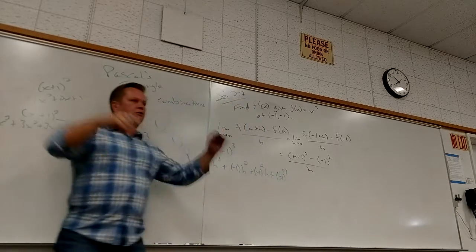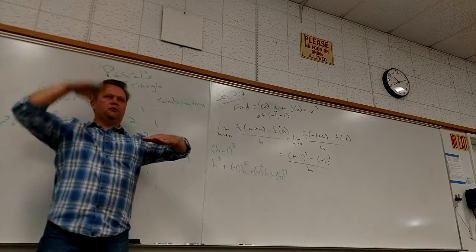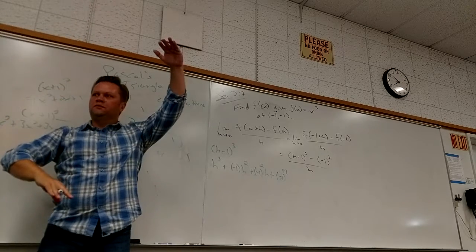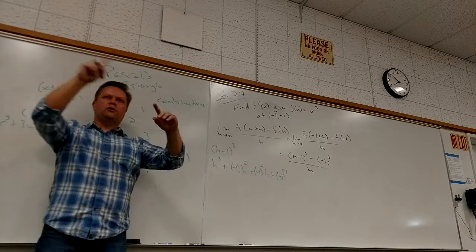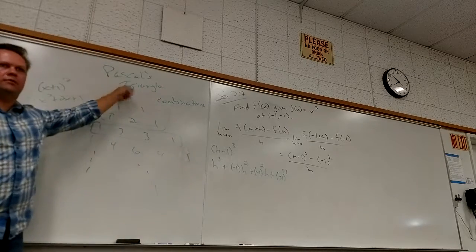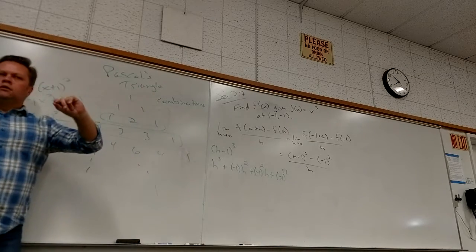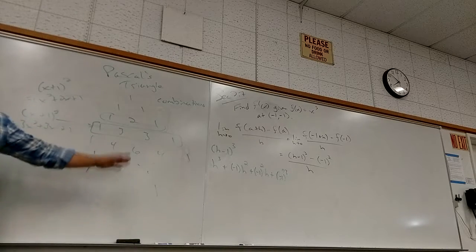So it's really kind of cool. All h's, no negative 1s. 1 less h, 1 more, 1 less h, 1 more, 1 less h, 1 more. This is exactly what happens when you FOIL it out. You get all these lower and lower degrees, and there's combinations of the middle degrees. That's why this is based on combinations. You can actually find the Fibonacci sequence in here too, if you know what that is.